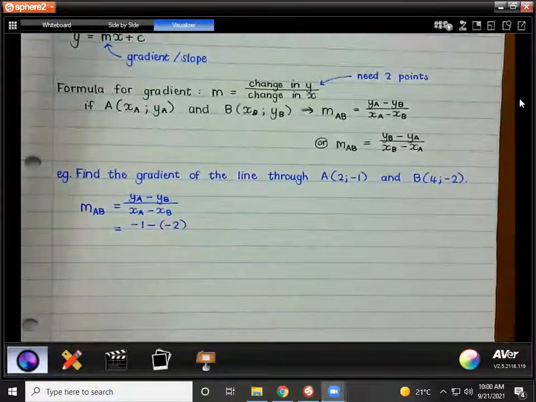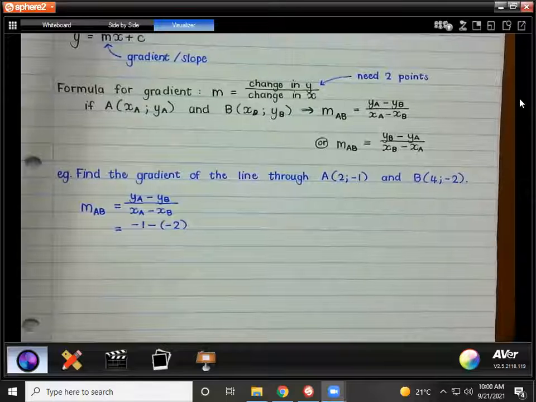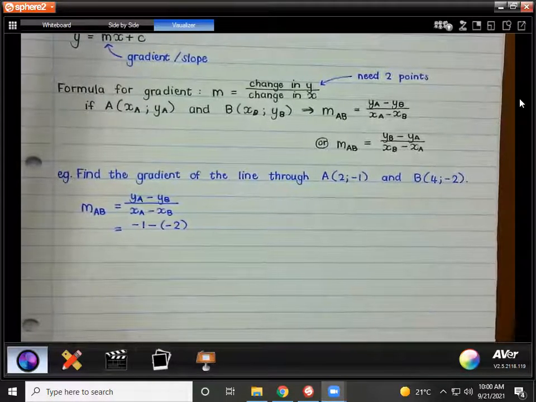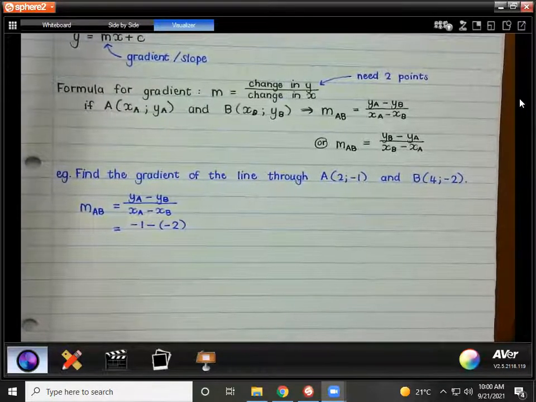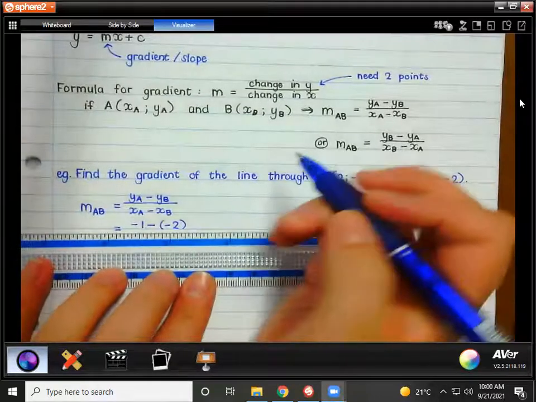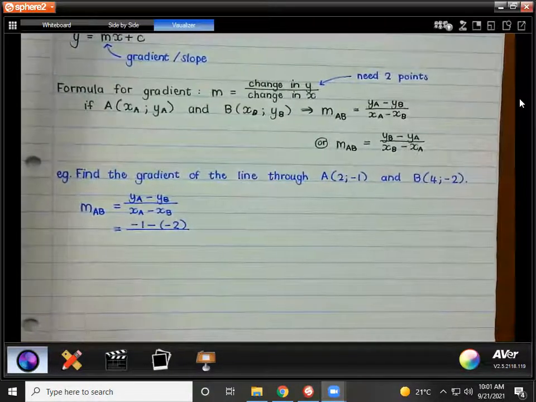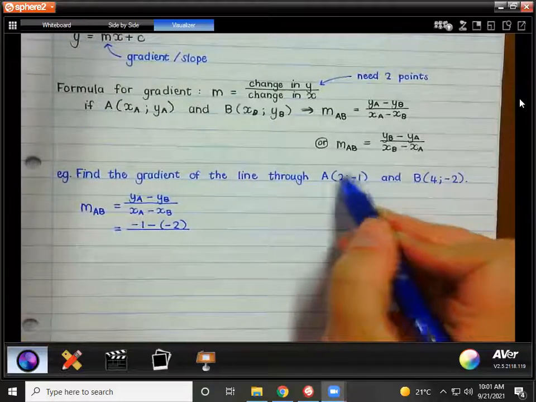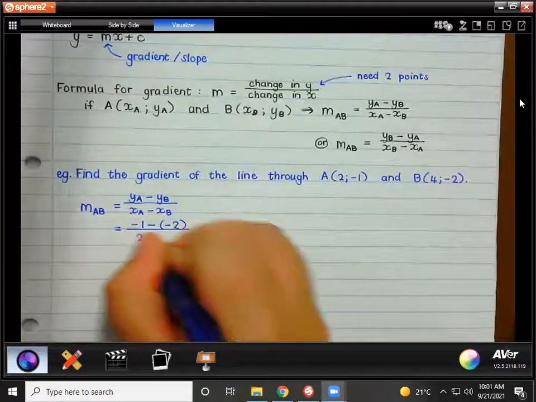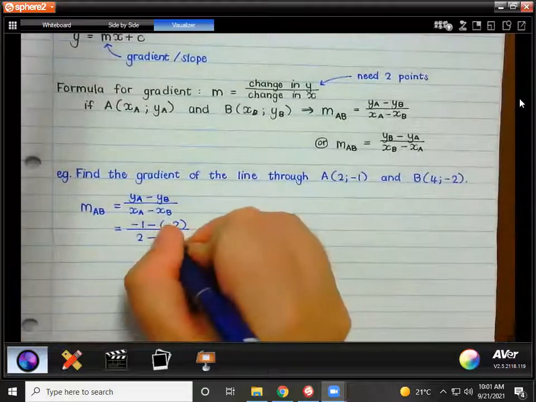Put that in brackets, please, because we're minusing a negative number. So let's put brackets around that negative number so that we don't forget about that minus. Okay, that is the y value of A minus the y value of B. Then we have to divide that by the x value of A, which is 2, minus the x value of B, which is 4.